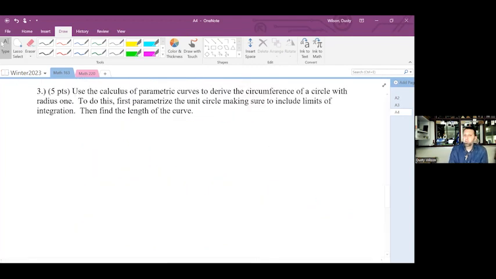Question 3, use the calculus of parametric curves to derive the circumference of a circle with radius 1. To do this, first parameterize the unit circle, making sure to include limits of integration, then find the length of the curve. And really, this should be limits of your parameter.